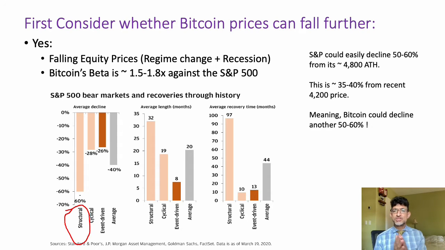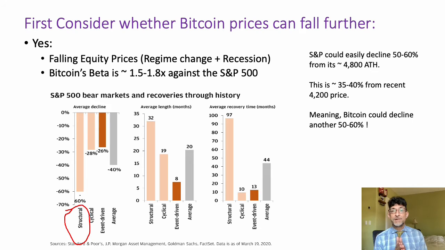We've got a structural or regime change, meaning a period of the Fed tightening liquidity and interest rates rising. If rates are rising and liquidity is falling, that's really a structural change. The average decline over the last few decades during that type of change has been 60%. The S&P has fallen 60% from its high.